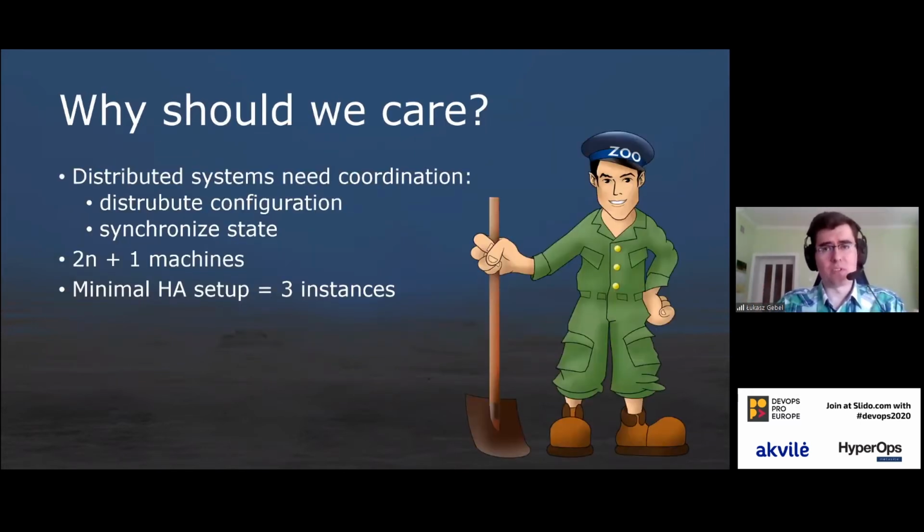But why should we even care how our infrastructure works under the hood? So some distributed systems, and very often stateful systems, need some kind of coordination. So for example, we can have a cluster that needs to distribute the configuration or synchronize some state.